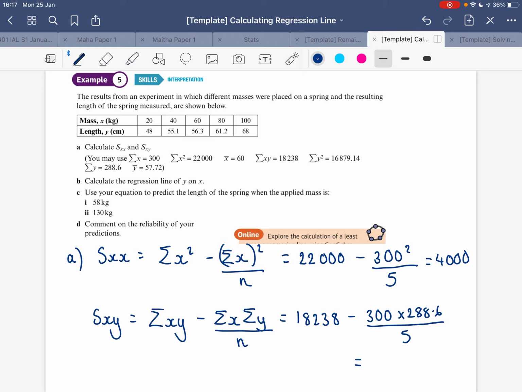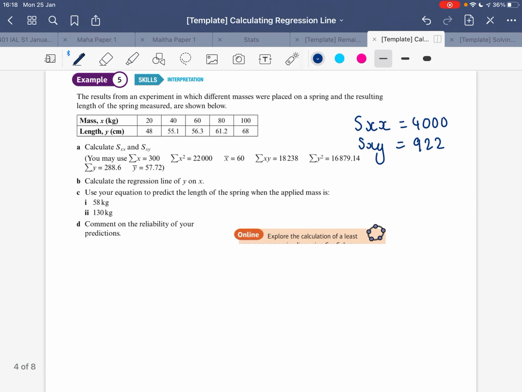Put it into a calculator, close my bracket, gives me 922. Okay, so those are my summary statistics, and then I can use that to get the least squares regression line.